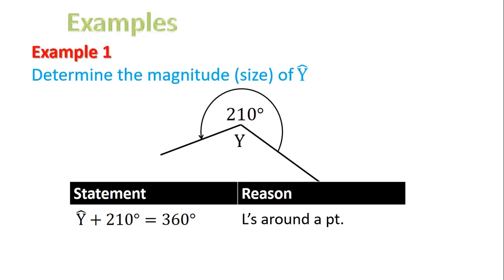And now we go to basic equations. To get y by itself, we have to subtract 210 from both sides. So that means I get y equals, and then 360 minus 210 will give us 150 degrees.